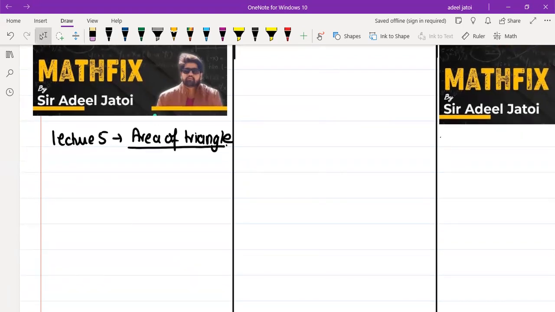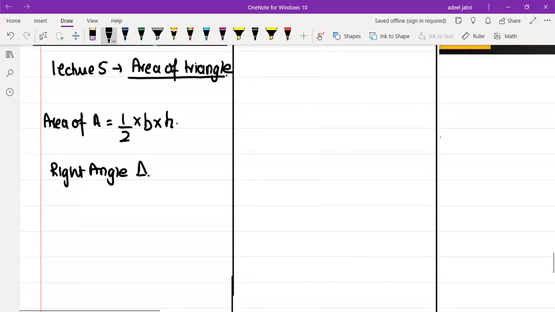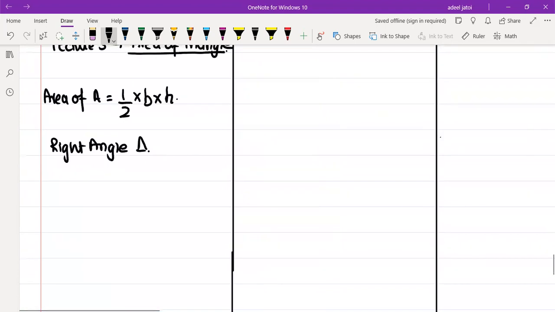What we have been using is the area of a triangle, which is half into base into height, normally used in your right angle triangle. But this is a derived formula from the original formula.